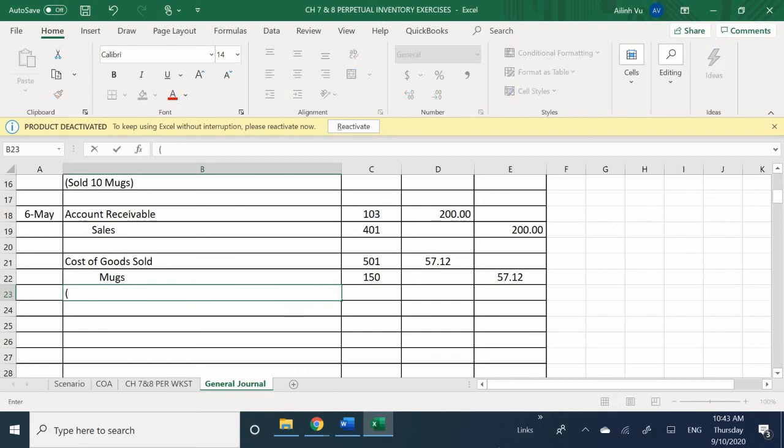Okay. All right. Let's also write our description because we need to be very specific, right? We have a customer that bought from us. So in this case, I'm going to indicate here customer A. They purchased 20 mugs. And we also have to indicate the terms that we gave them.